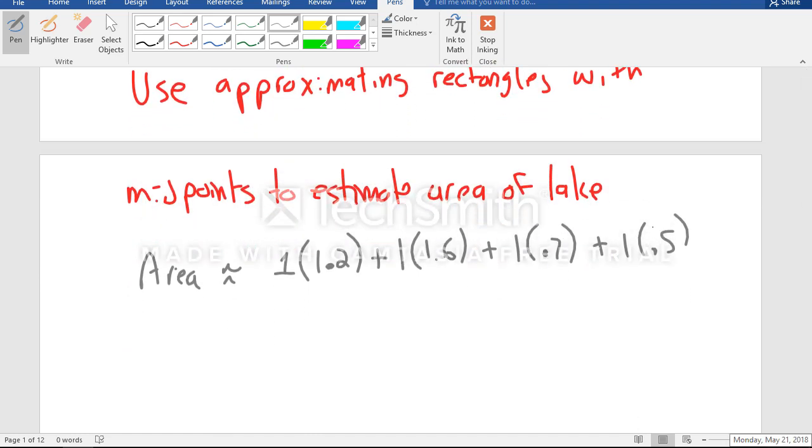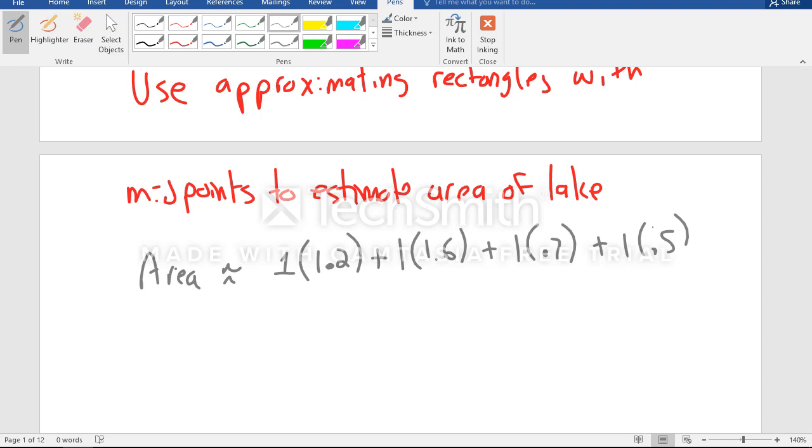So, let me go ahead and take out my calculator and add these together and make sure I don't make a mistake. I got 1.2 plus 1.6 plus 0.7 plus 0.5, and I get 4. I should have been able to do that. Oh, that makes sense. 7 and 5 is 12. There's 1.2. This is 1.8.